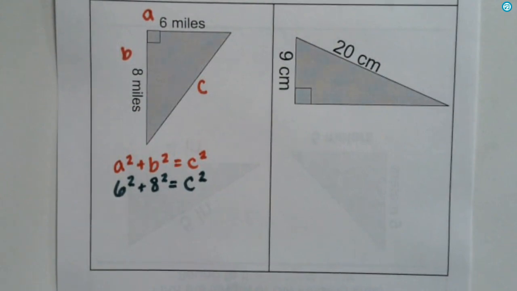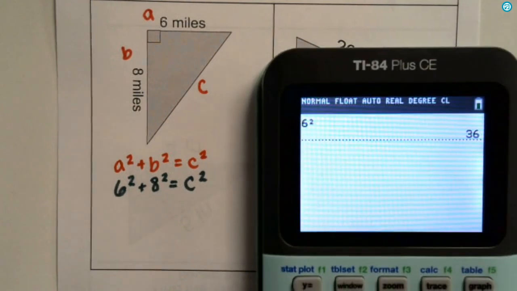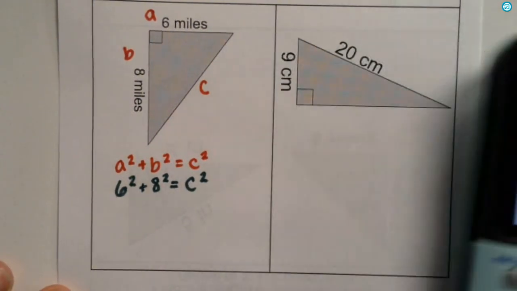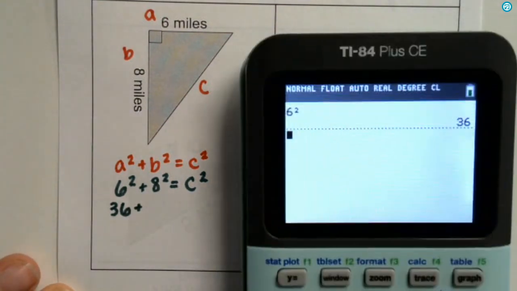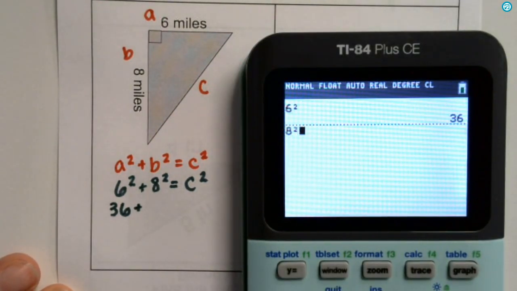Okay, any questions right now about plugging those things in? Okay, then we are ready to go ahead and start solving. So 6 squared, what does 6 squared mean? 6 times 6, not 6 times 2. So 6 squared is 36. Plus 8 squared is 64.